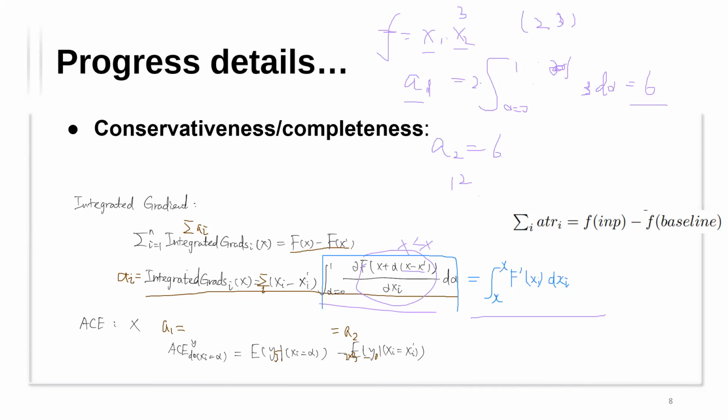So this is equal to this one. So here is x prime. Then this is just f evaluated at x prime minus f evaluated at x.